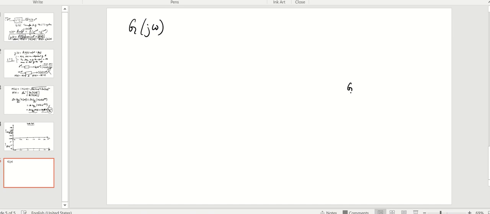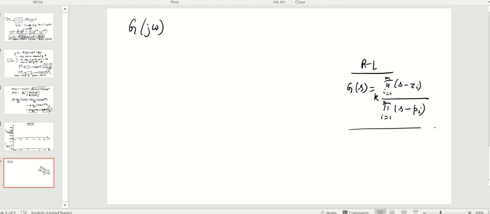When you dealt with root locus, the way you wrote the transfer function was something like the product for i equal to 1 to m of (s minus zi) upon the product for i equal to 1 to n of (s minus pi), times k. This was the standard form for the root locus problem.